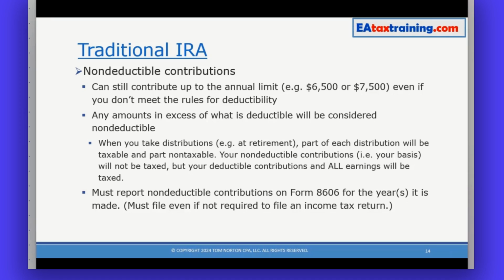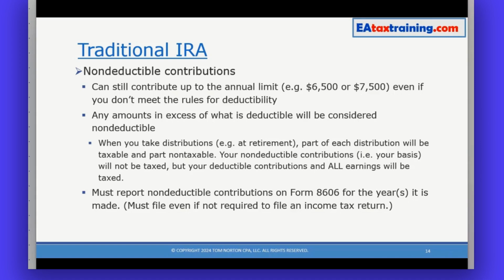When you have a non-deductible contribution to a traditional IRA, the non-deductible contributions give you basis, and that basis will not be taxed when the money is distributed. However, any earnings on those non-deductible contributions will be taxed when you take the money out of a traditional IRA.